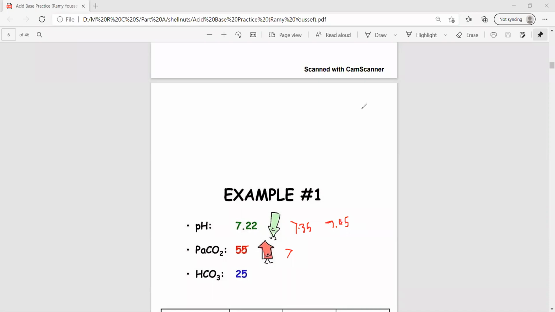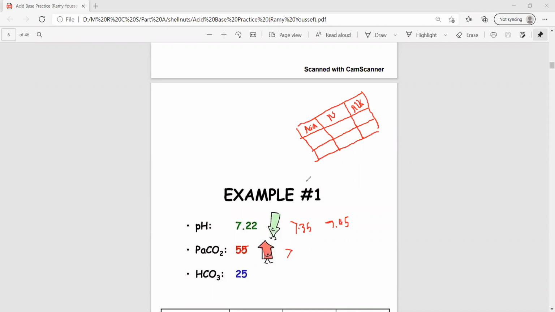Okay. Let's make a very good table for you. Make this table like this. Right here, acidosis. Right here, normal. And right here, alkalosis.